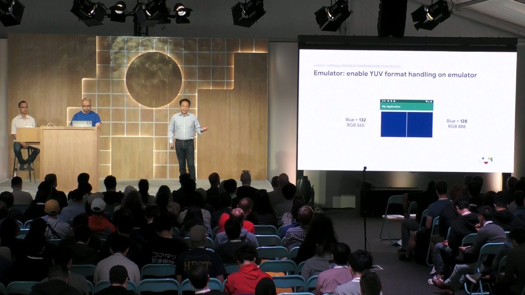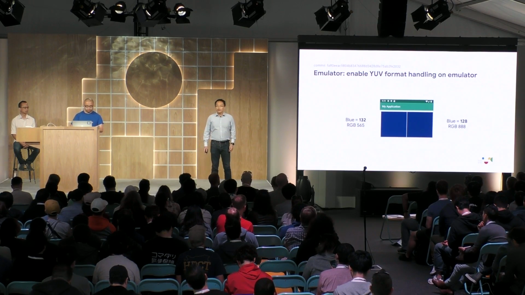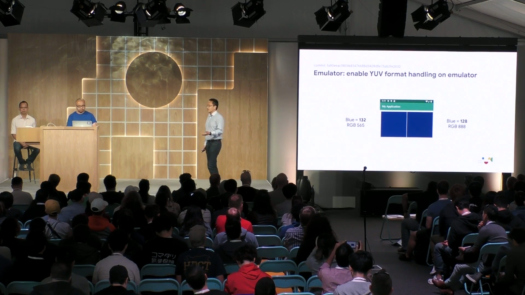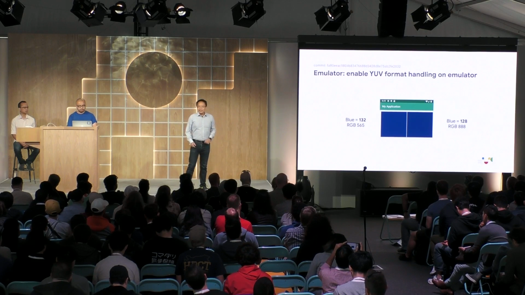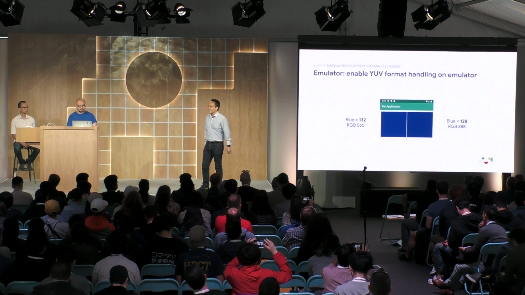So this is one of the tests that the previous generation of the Android emulator failed. When you're displaying a YUV image, instead of displaying the blue 128, actually we sneakily feed in blue 132 and hope that you didn't notice. Well, you may not notice it from this screen, but your integration test would. And a lot of integration tests actually fail because of this.